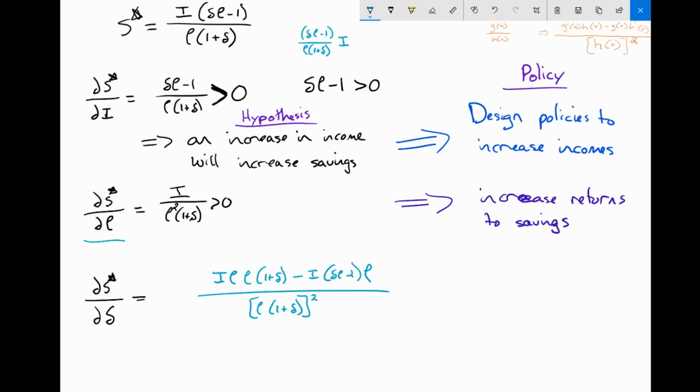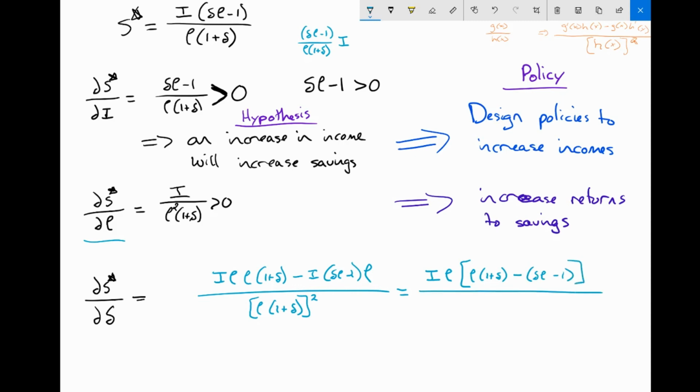Okay. And we will simplify and factor some things out. So let's do that. We'll factor out I, we'll factor out rho. Okay, so then we have rho 1 plus delta minus delta rho minus 1.